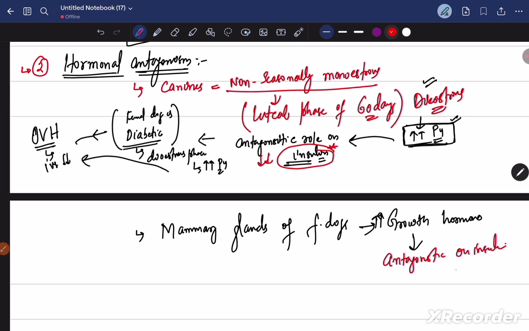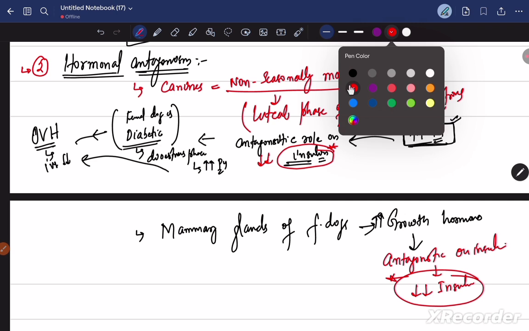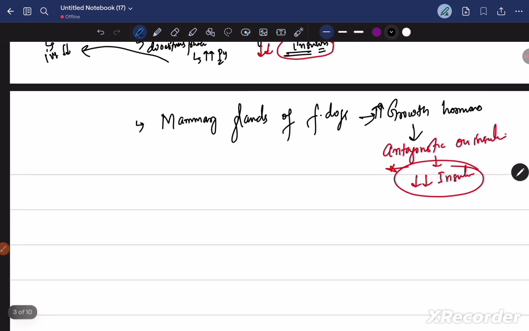Are you getting me? So this will further decrease the insulin level in the female canine body. Now, the third important cause of type 1 diabetes mellitus in canines is hypercortisolism.